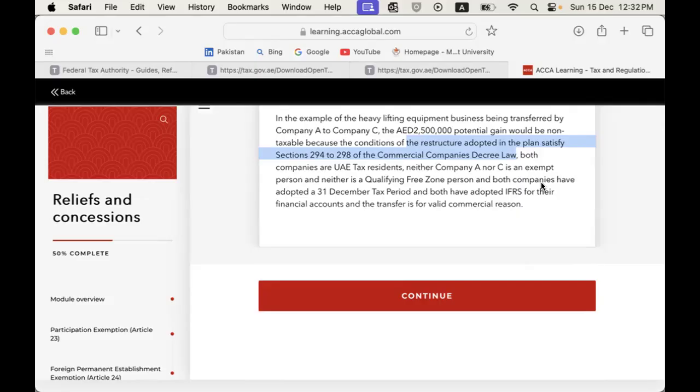Sometimes the court of jurisdiction, which is usually the High Court, approves the merger transaction, which is called the scheme of merger. So that decision also governs, and that may be applicable if it is a public interest entity in the UAE.